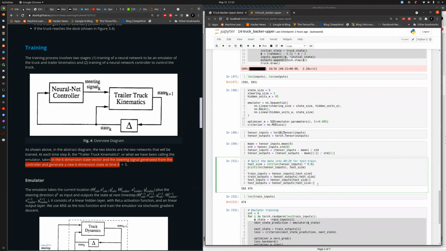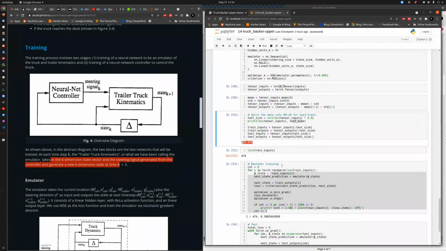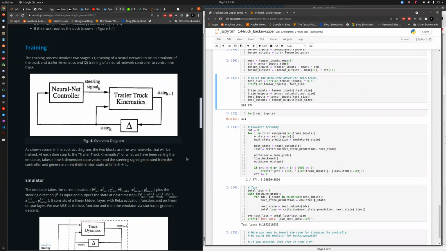This is the code representation, and we can see the inputs and the outputs. This is the tensor inputs and the test size, 593 and 474, and the tensors.